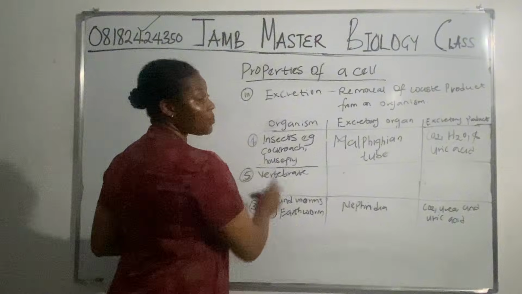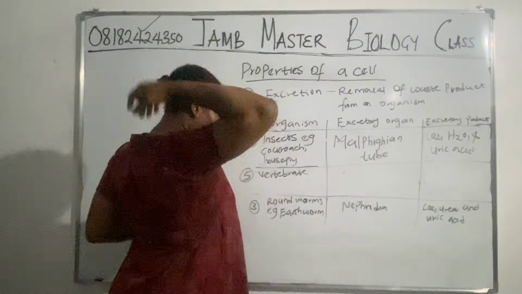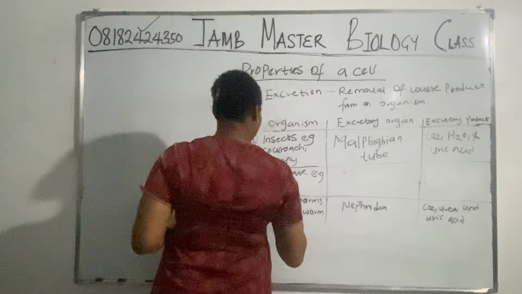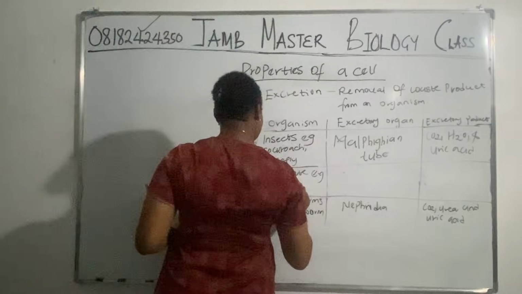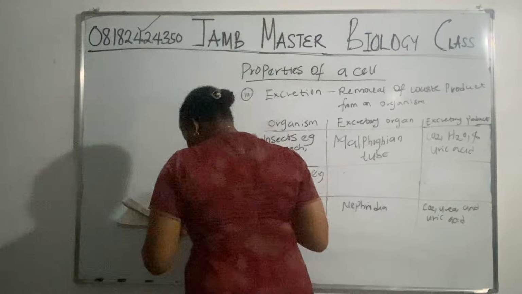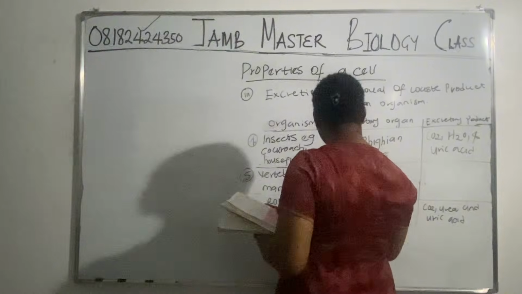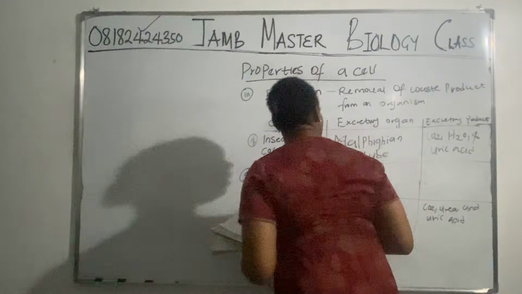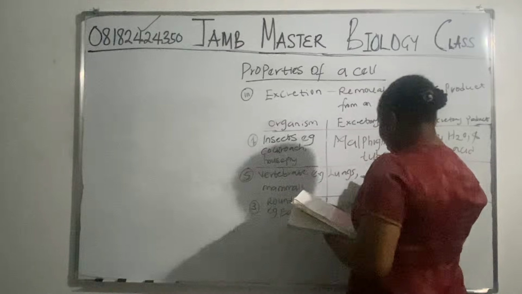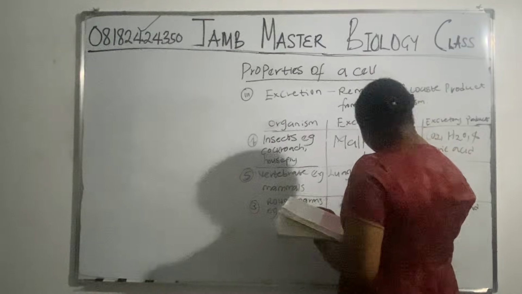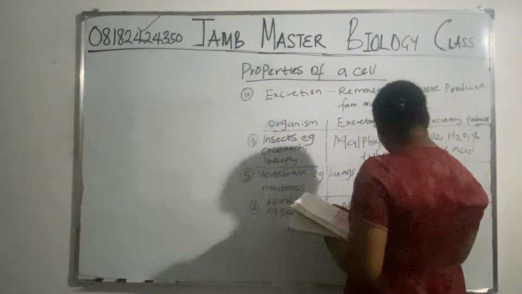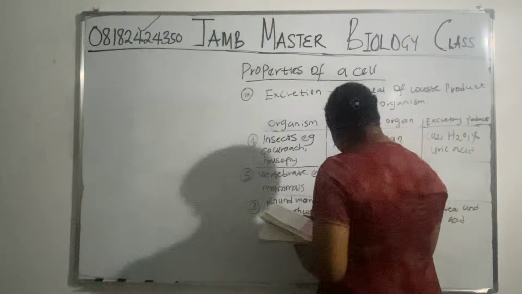An example, we have mammals, and I already gave examples of mammals: human beings, monkeys, and all of those. We have different excretory organs as mammals. We have the lungs, the skin, which removes sweat, the liver, and the kidney.